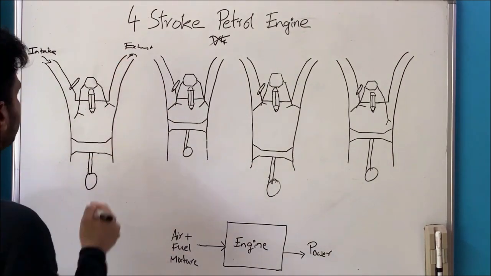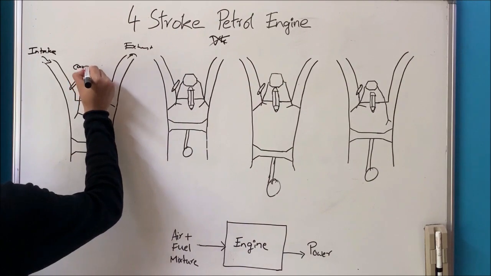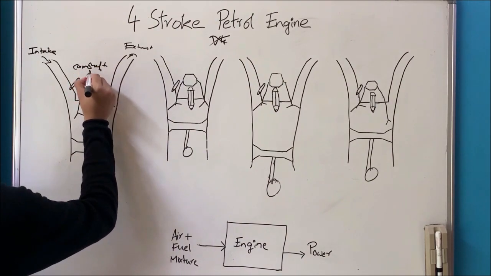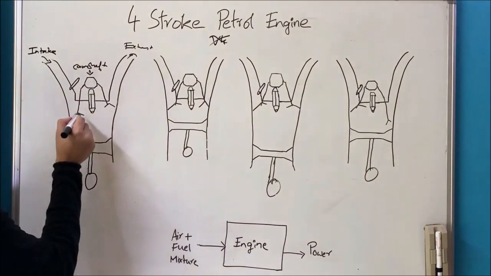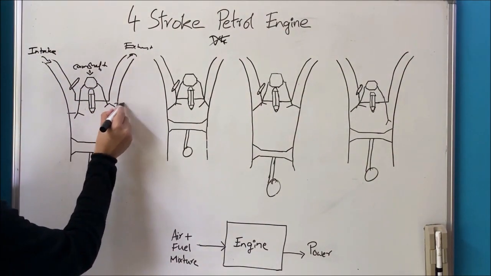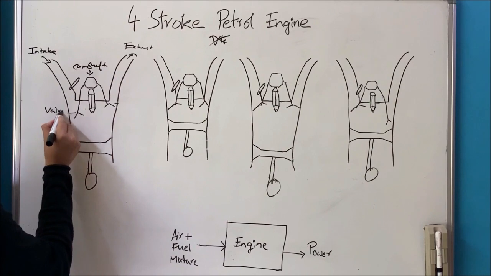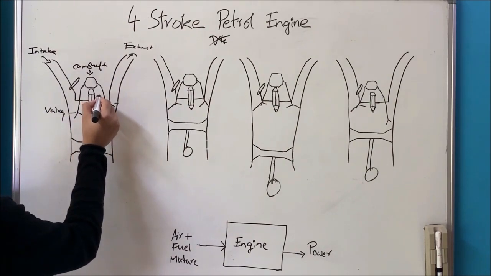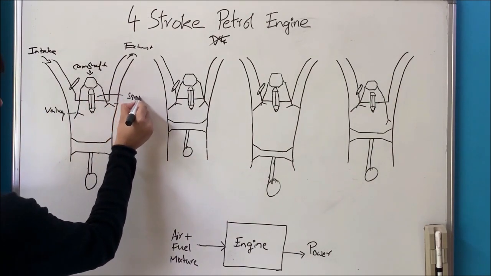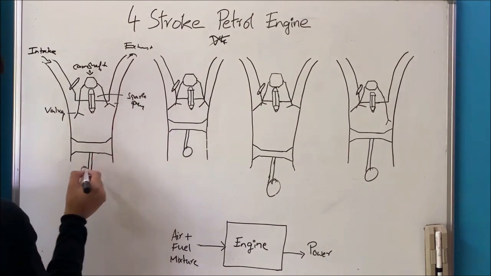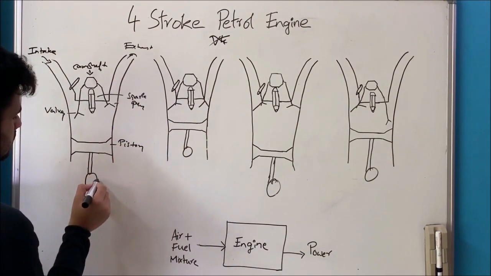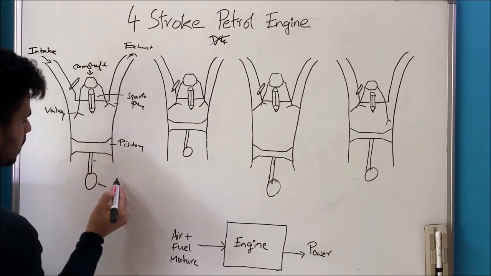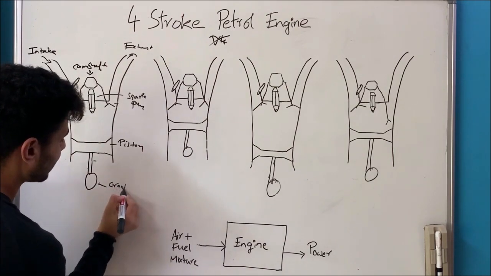This is a camshaft, this guy that operates the valves, inlet and outlet valves. This is a spark plug. This is the piston, and this is a connecting rod, but this is the crankshaft.